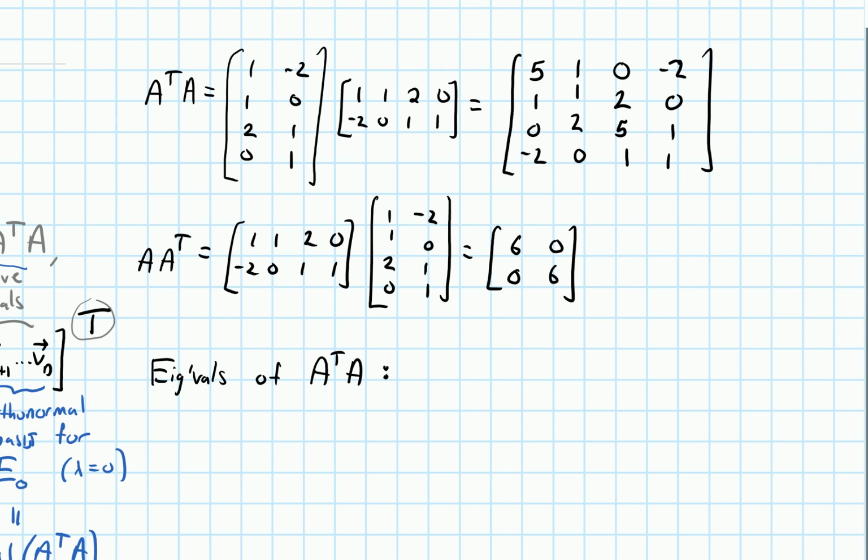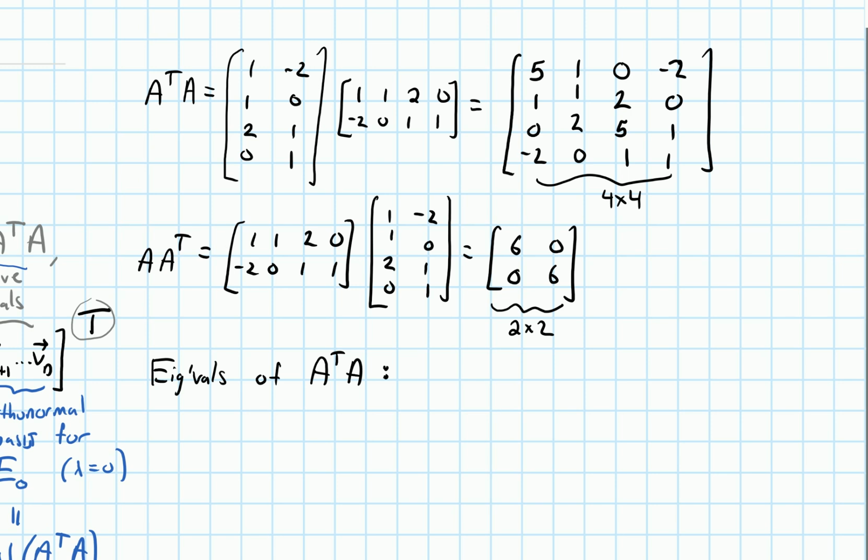All right, so I've gone ahead and done the computation of figuring out what A transpose A is and what A times A transpose is. So notice that A transpose times A, this is a 4x4 matrix. And that's going to be hard to find the eigenvalues and the eigenvectors of. A times A transpose, on the other hand, this ended up being a 2x2 matrix. And that's easier to find the eigenvalues and the eigenvectors of.